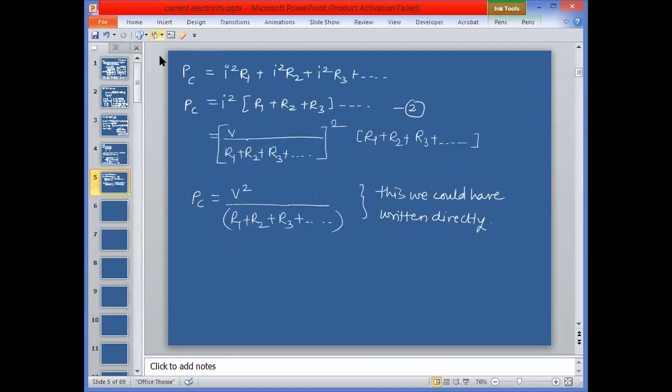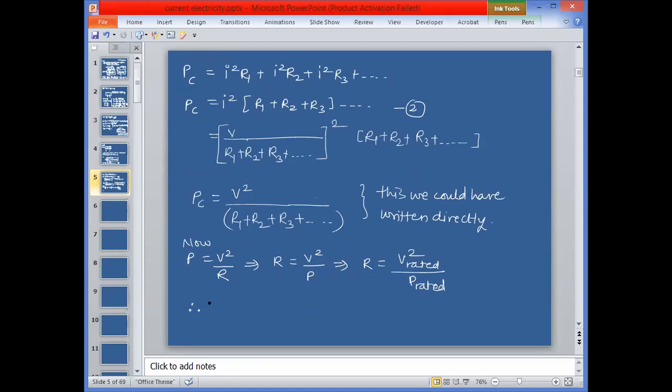Now I can say power is equal to V square upon R, implies that R is equal to V square upon P, implies that R is equal to rated voltage square divided by rated power. Why is the rating given? To find out the resistance of the bulb.